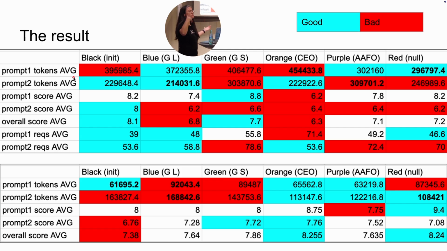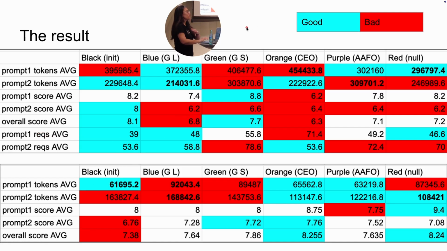I could do some other analysis, but I think doing the average is good enough for this experimentation. So I assessed the number of tokens, the average, the score that was given by the AI, also the average, the overall average, so basically the average of those two. The number of requests, again, the average.